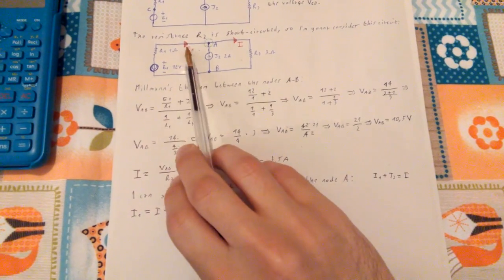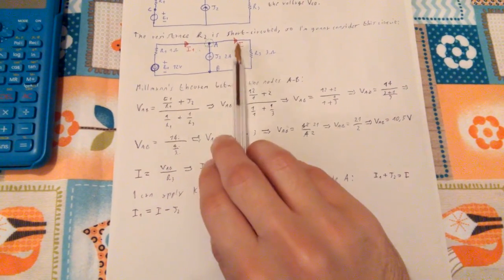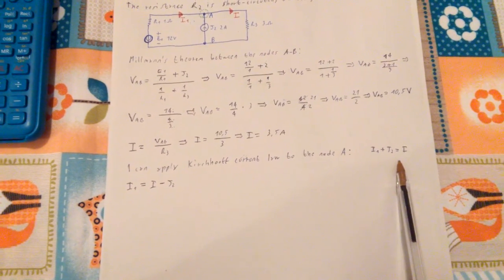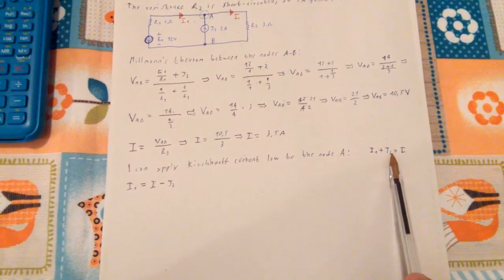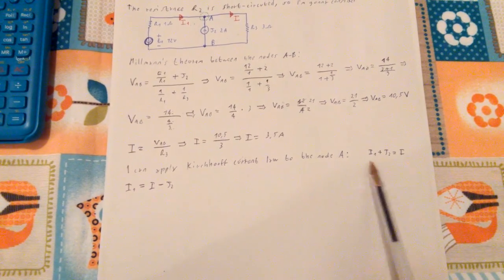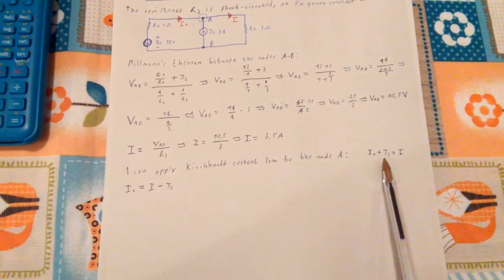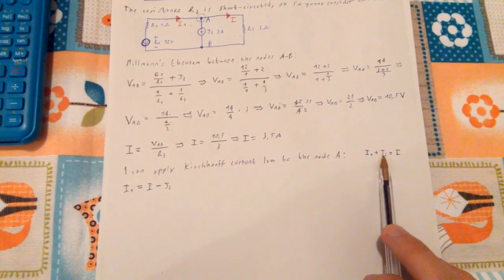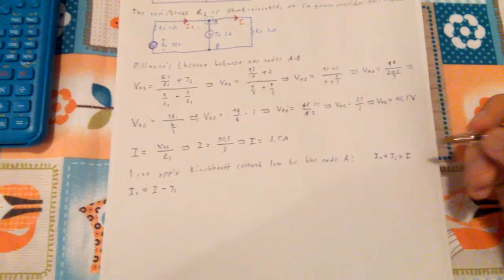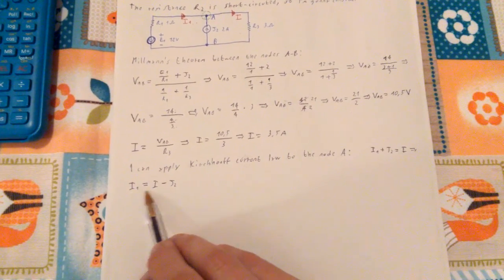So I1 plus J2 is going to be equal to I. Since we now want to find I1 because we know those other two, I'm going to bring J2 here on the right, so it's going to become negative, and I'm going to have what I just wrote.